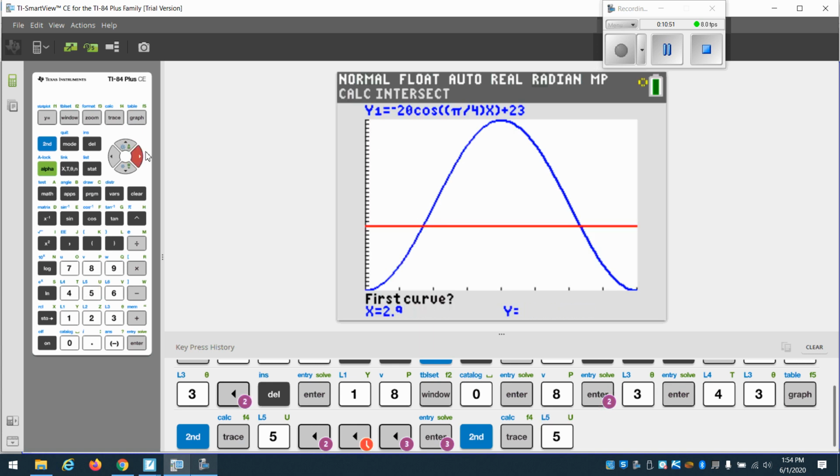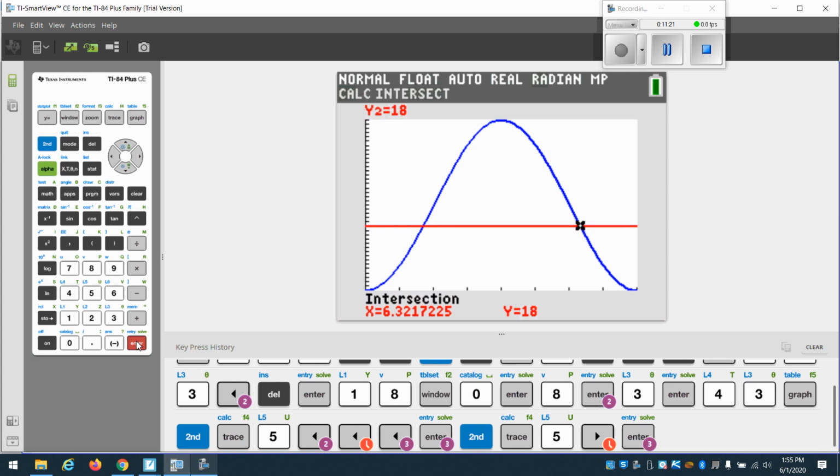Bring the cursor to the other side, hit enter 3 times, and you end up getting 6.3 minutes. Okay, so when it hits 18 feet, you're at 1.7 minutes or 1 minute and 42 seconds. And for 6.3, you're at 6 minutes and 18 seconds. But for this type of problem, I will accept 1.7 minutes and 6.3 minutes.